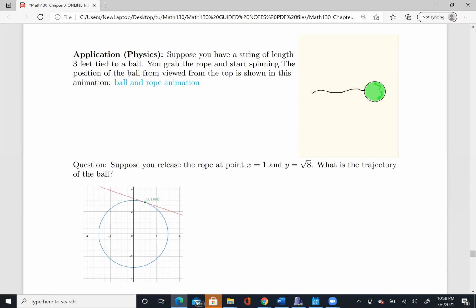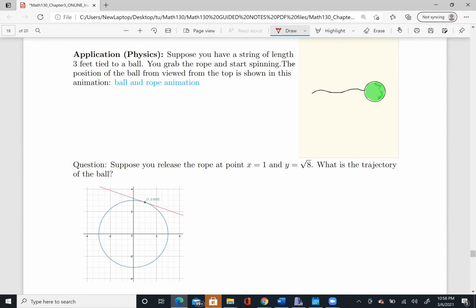Suppose you have a string of length 3 feet tied to a ball. So from here to here is 3 feet, right? And you grab the rope and start spinning. The position of the ball, viewed from the top, is shown in this animation.